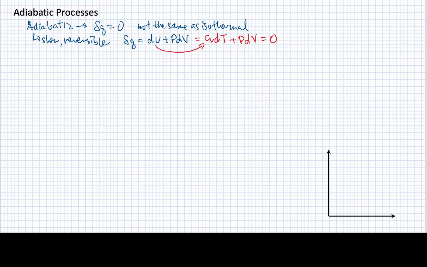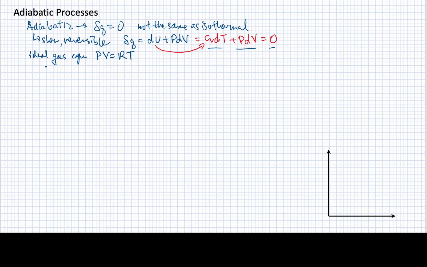Well, I want to take these two terms and the fact that they add up to equal 0 to explore a little bit about how that will define a path for us in a PV diagram. What we're going to need to use is the ideal gas equation of state, and I'll write that out here. That's PV equals RT for 1 mole. I'll still continue to use 1 mole.